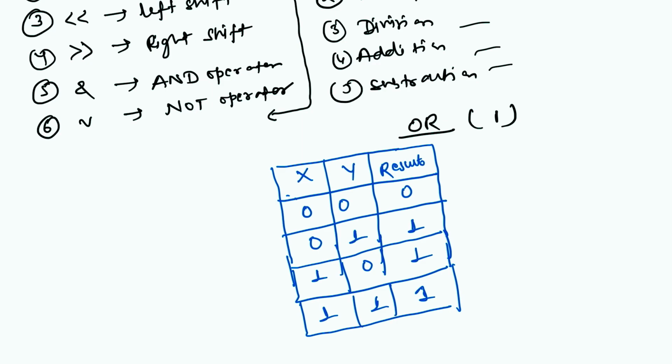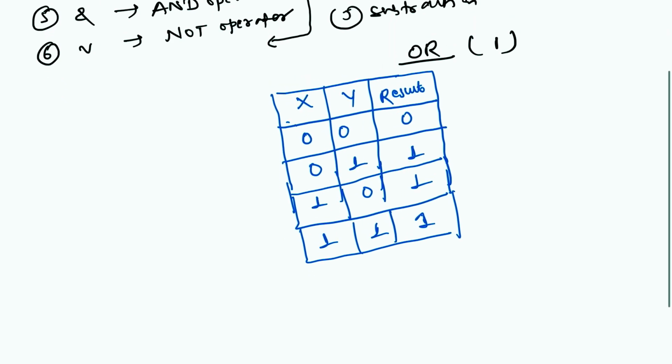And when you are writing the code, and you want to OR the two numbers, suppose I want to write the same thing in code, then I will use int x and y, and I will put x is equal to 0 and y is equal to 1.